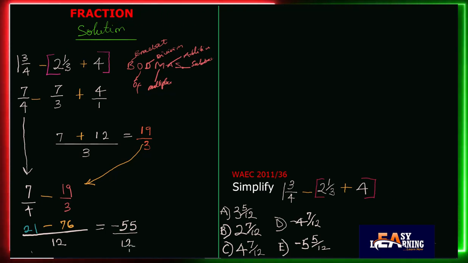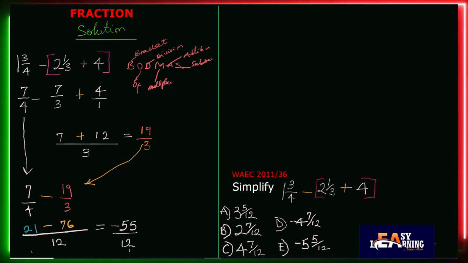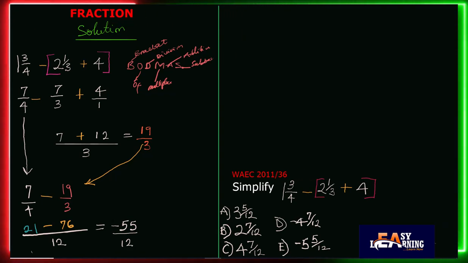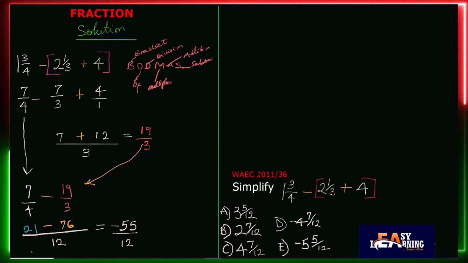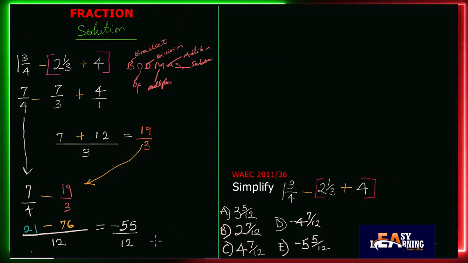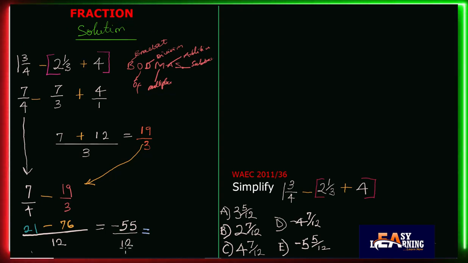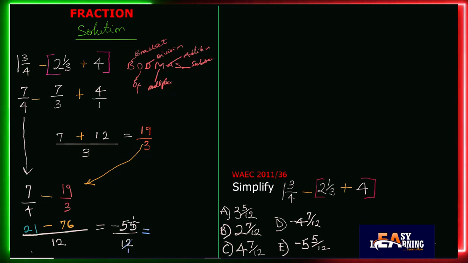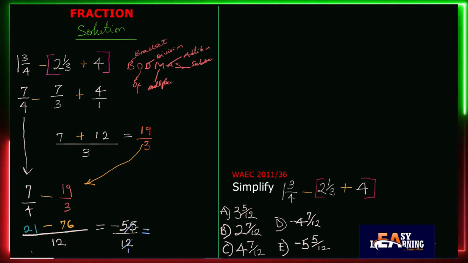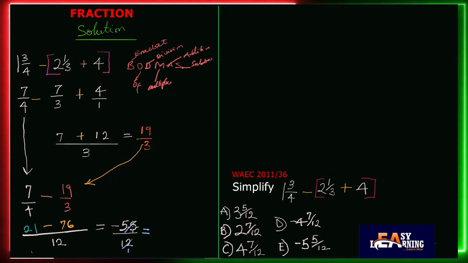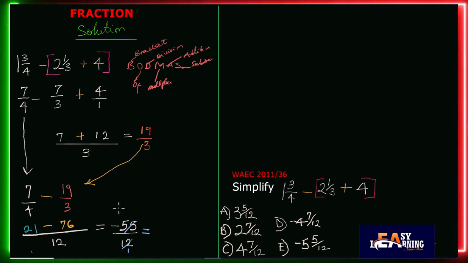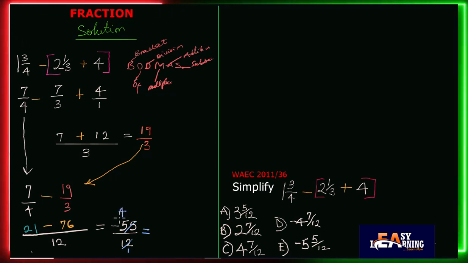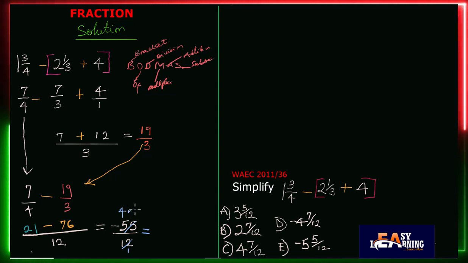This is an improper fraction, so we need to change it to a mixed number. To do that, we divide by 12. 12 comes into 55 four times, 12 times 4 will be 48, then remainder 7.